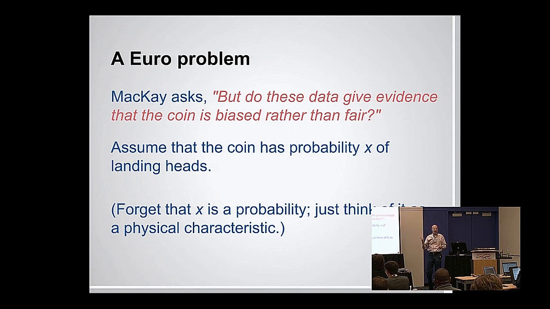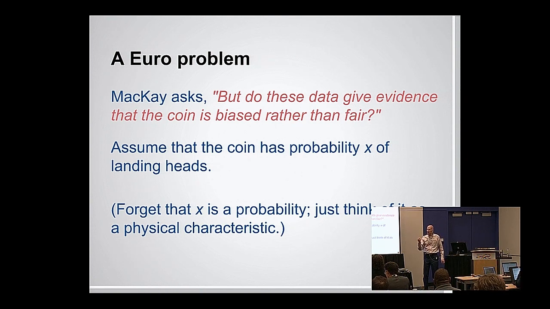Now, one thing that's a little bit confusing is that this thing that I'm going to call x is the probability that the coin will land head side up. If you think of that thing as being a probability, your head is going to explode in about 10 minutes. So don't do that. What I want you to just think of this as being a physical characteristic of the coin.